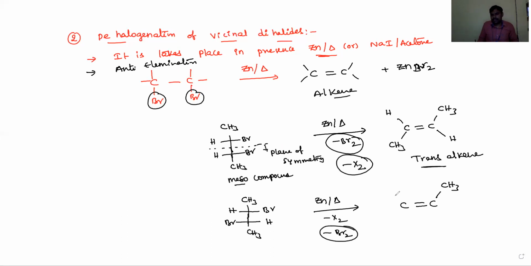Cis alkene means around the double bond the same groups are on the same side, it is called cis. If they are on opposite sides, it is called trans. So a cis alkene is the product.